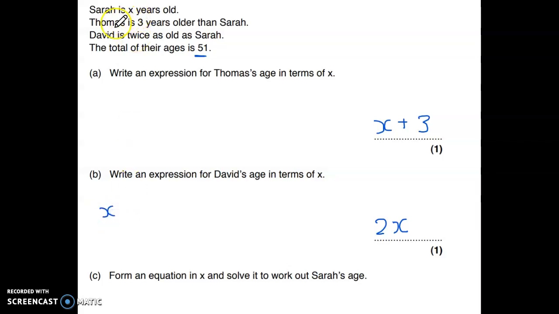And for the total, we will need to add to Sarah's age Thomas's and David's. Well, Thomas is X plus 3, so we put plus X plus 3. And then finally, David is 2X.